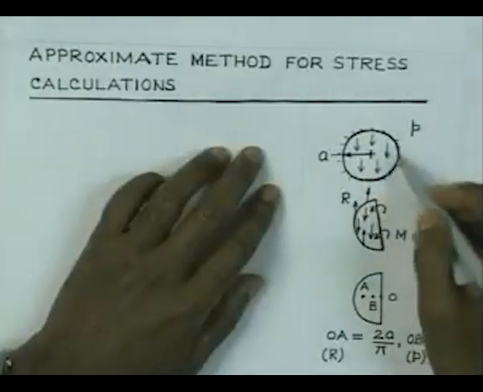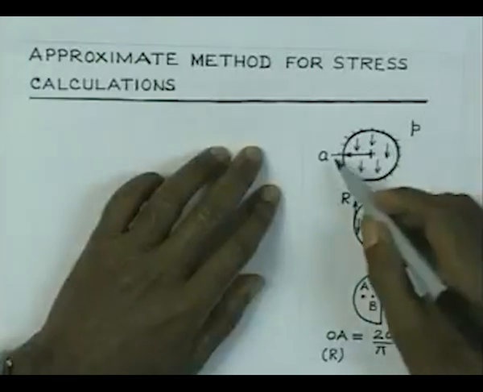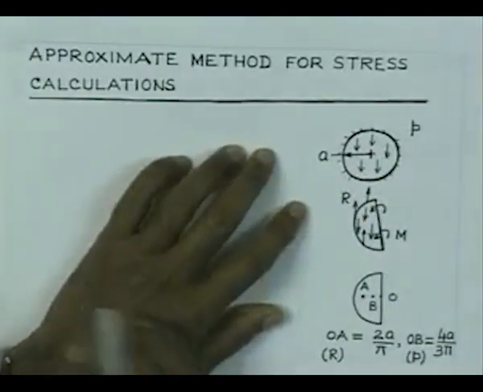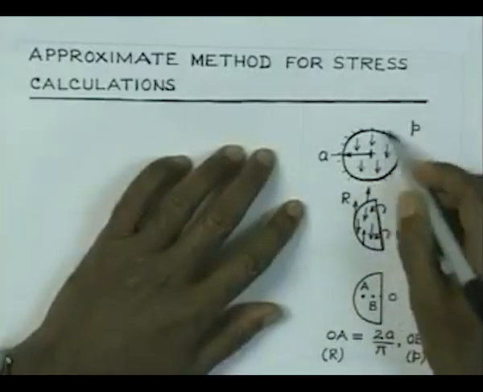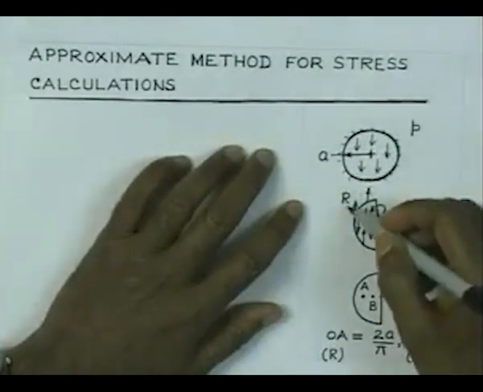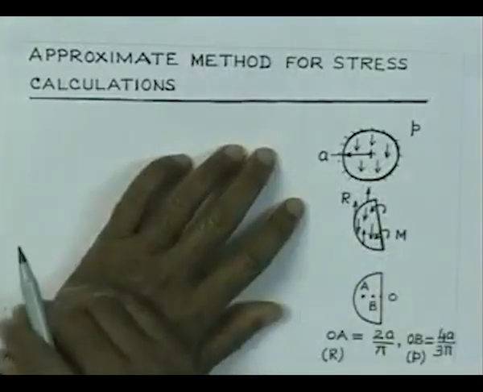Let us take a case for approximate calculation of stresses in a circular plate which is simply supported at the edges, subjected to uniformly distributed pressure, and let us say it is of dimension equal to A. If I consider that the reaction at the support is uniform, then obviously that reaction R, which is going to come up all over the circumference, can be calculated.